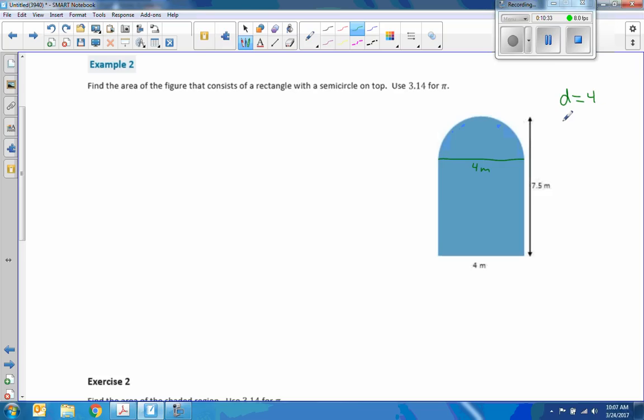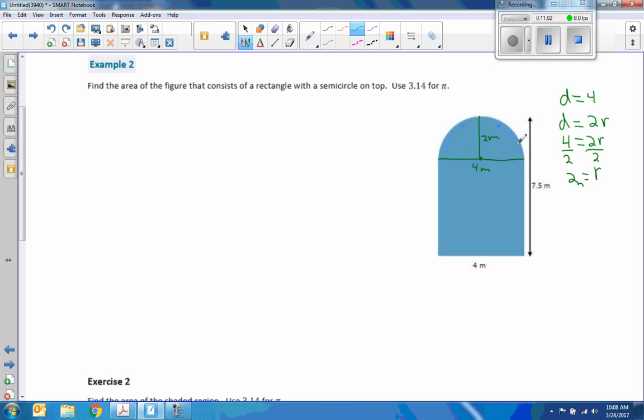Well, diameter is equivalent to 2 radii. And since diameter is 4, and that's equal to 2 radii, and I divide both sides by 2, then I find my radius to be 2 meters. So if I put a dot here and draw a line up here, this is a radius of length 2, this is a radius of length 2, this is a radius of length 2 meters.